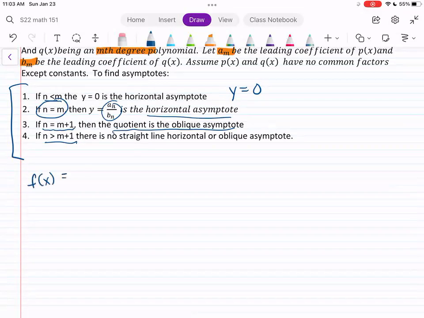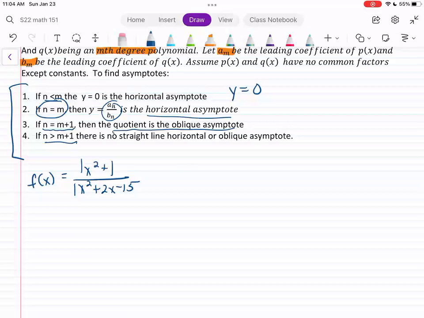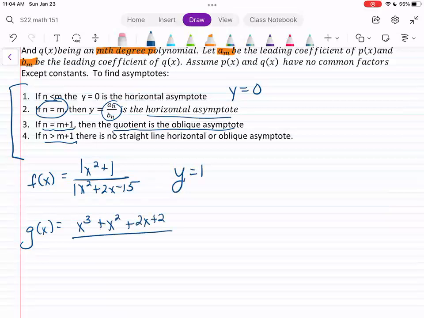If we have something like x squared plus 1 over x squared plus 2x minus 15, the degrees are equal. So we just look at the leading coefficients, and the horizontal asymptote is going to be 1. Suppose we had x cubed plus x squared plus 2x plus 2 over x squared plus 9.